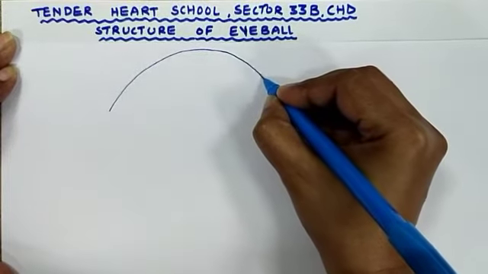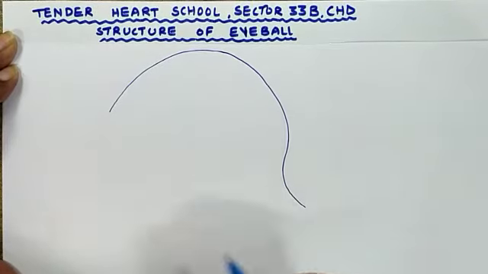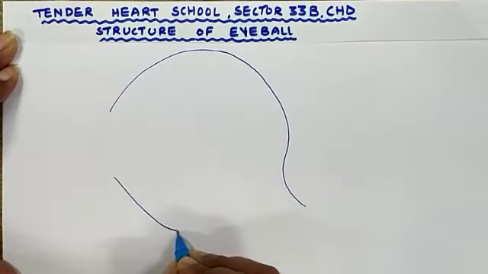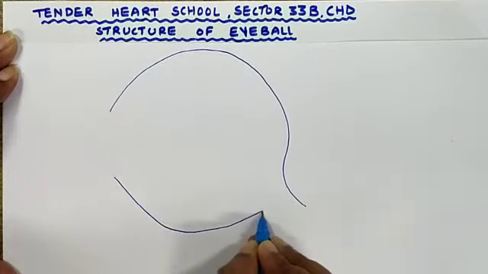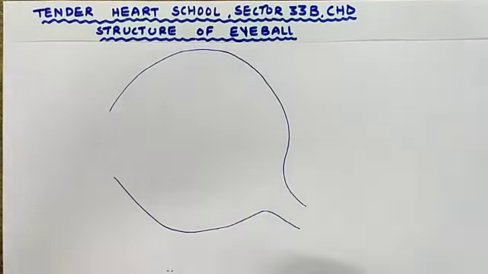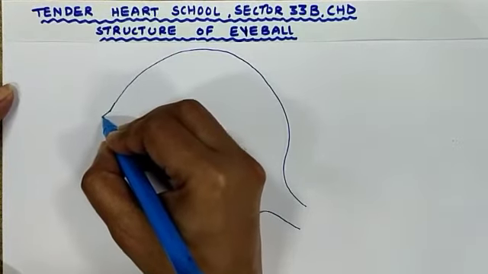This is the outermost layer of the eyeball, which is called the sclera, or sclerotic layer. In the front region, the sclera is a little bulged out.